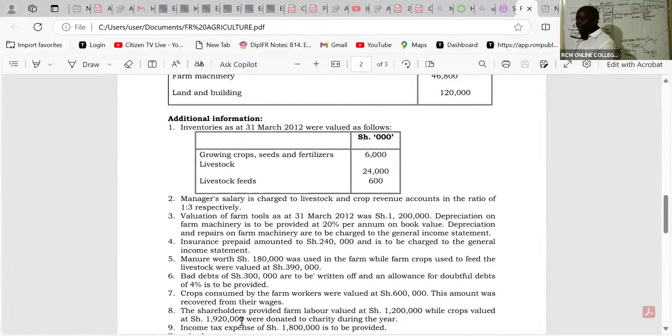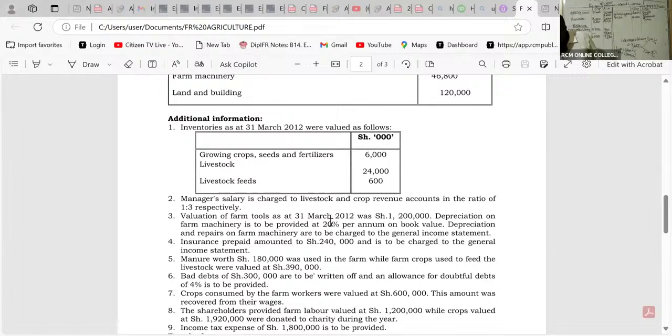Additional information 1, I've been able to take care of. Note 2, I've been able to take care of, to apportion the manager's salary. Let's look at note 3. Valuation of farm tools as at 31st March 2012 was 1.2 million. Depreciation on farm machinery is to be provided at 20% per annum on book value.